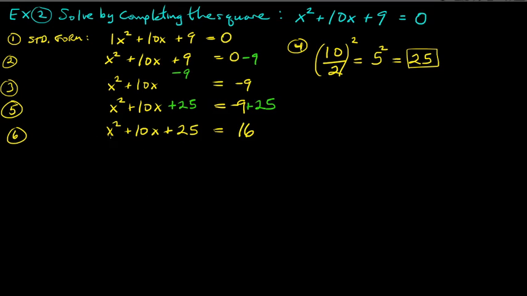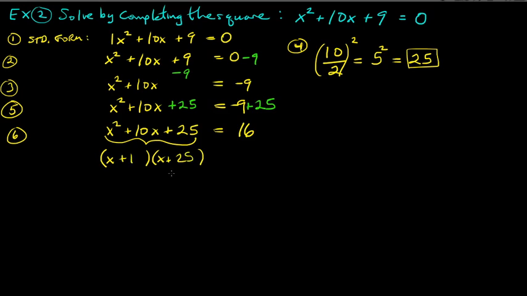But the key to step 6 is to factor the left side, and you're supposed to factor it as a perfect square. I think you'll see there are 2 options. It's either 5 times 5 is 25, and 5 plus 5 is 10, or it's 1 times 25.